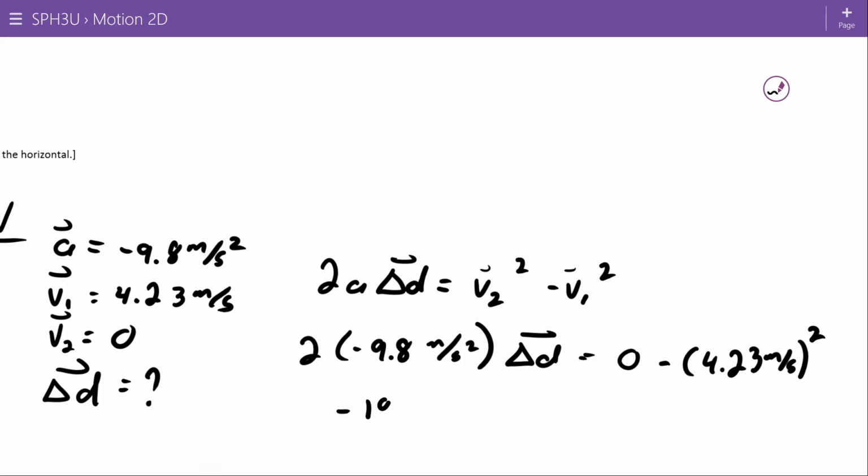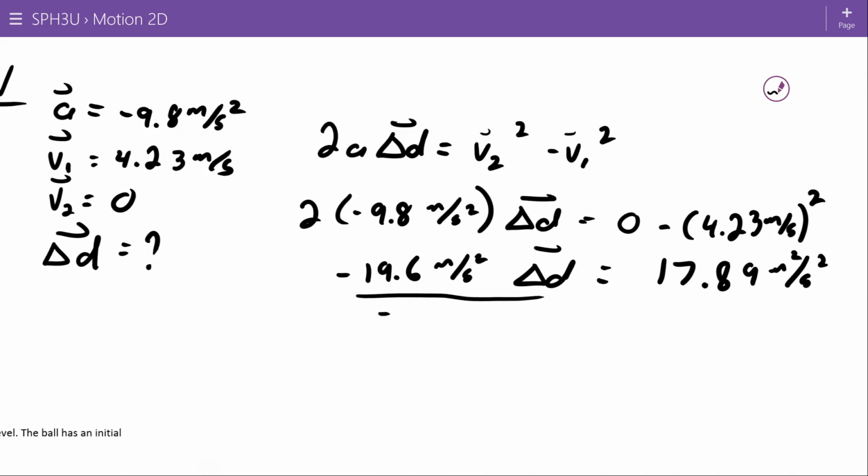So negative 19.6 meters per second squared, delta D is equal to negative 4.23 squared, which turns out to be 17.89 meters squared per second squared.